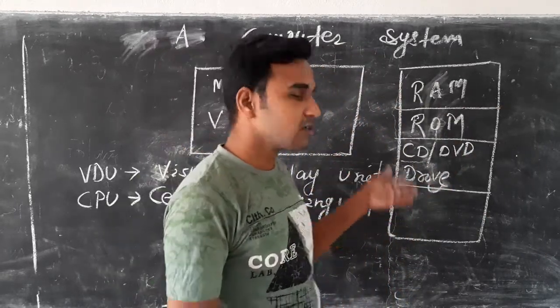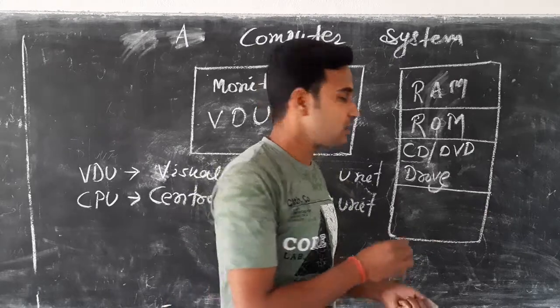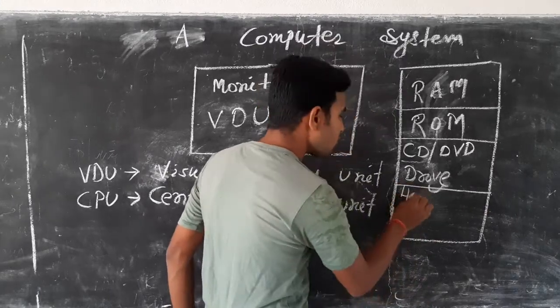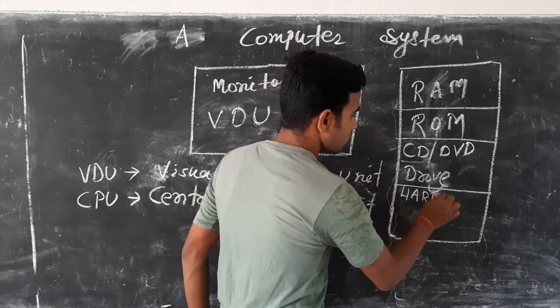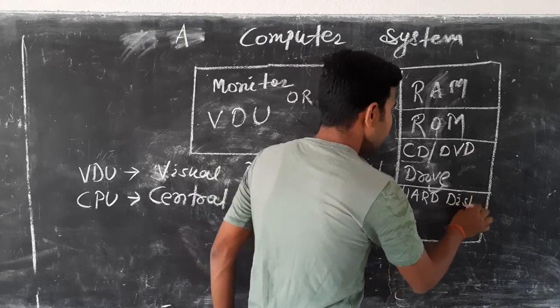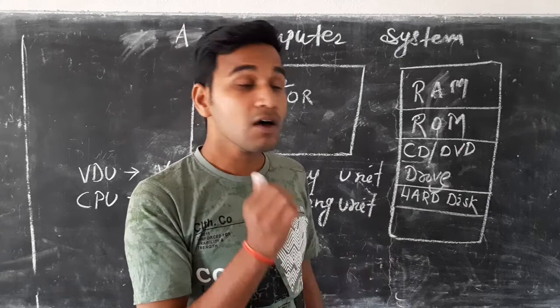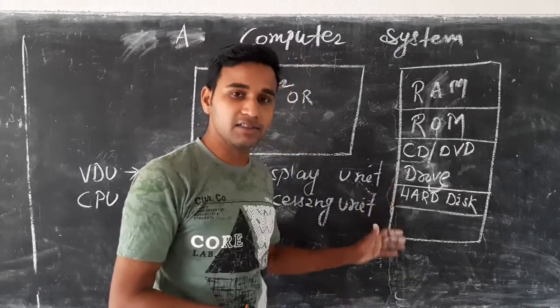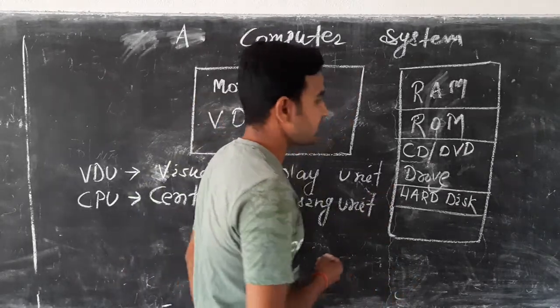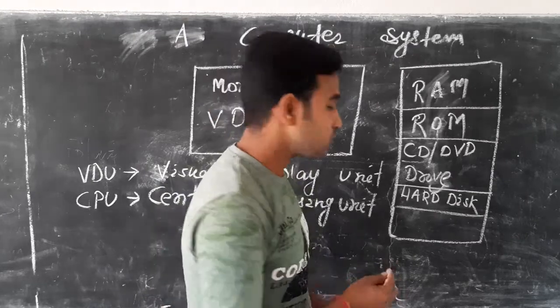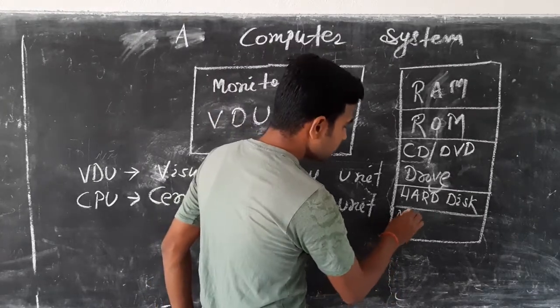After this, the CPU has more things, like the hard disk. The hard disk stores all the data. Then this is the motherboard.